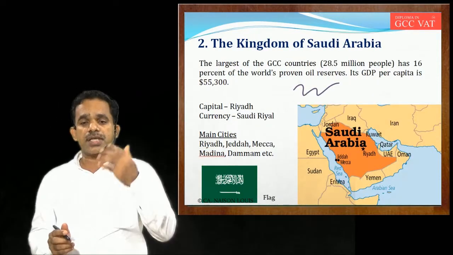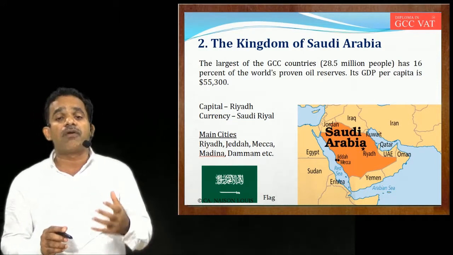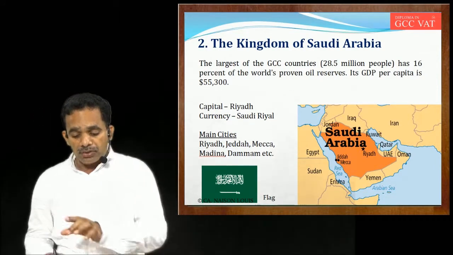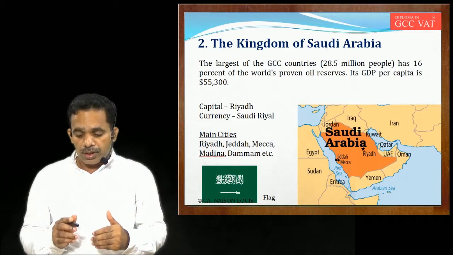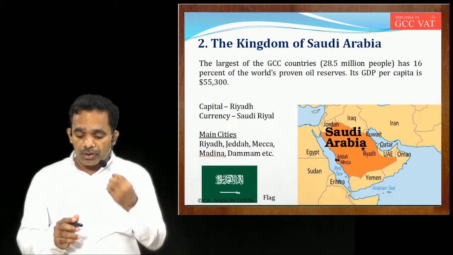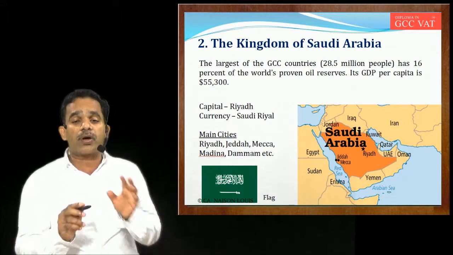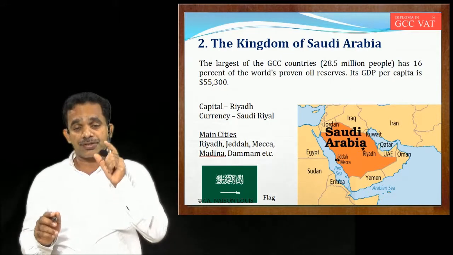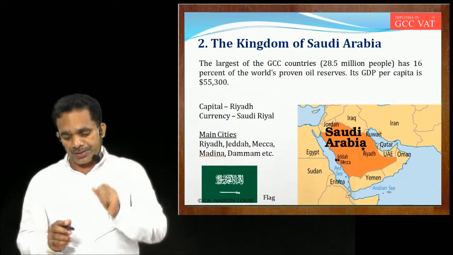Then let us go to the second country, in which we can learn about the Kingdom of Saudi Arabia. Saudi Arabia is the largest of the GCC countries. It contains 28.5 million people, and has 16% of the world's proven oil reserves, 16% of the total global oil reserve.